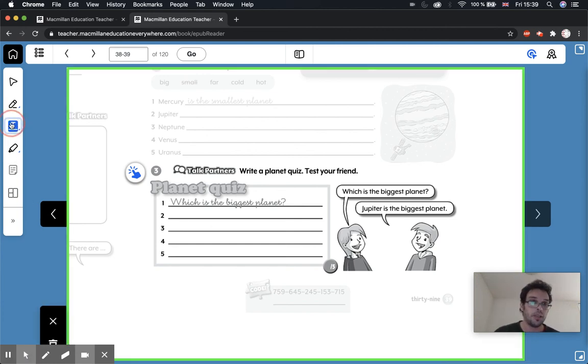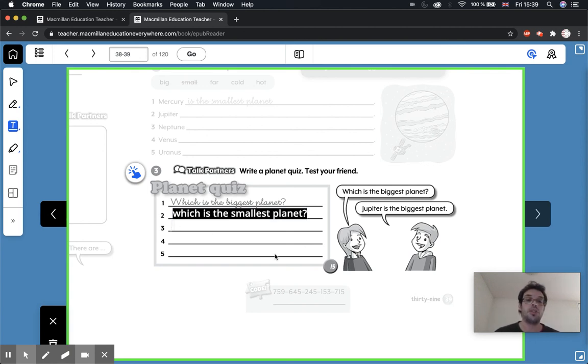Lo apuntamos aquí. Let's write it down. So, similar to this question, which is el más pequeño, the smallest planet? Question mark. Which is the smallest planet? ¿Cuál es la planeta más pequeña?